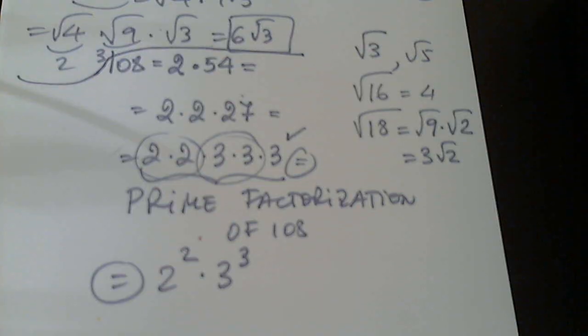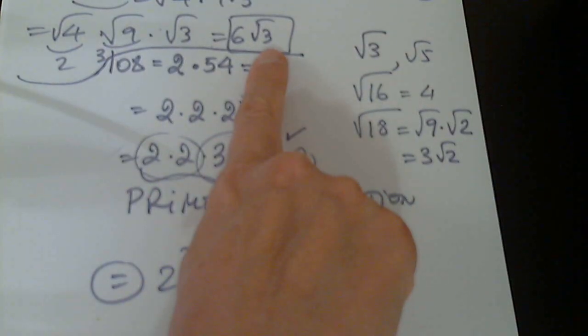The radical is now fully simplified. So the square root of 108 is not simplified because 108 is not prime and can be factored. A square root is simplified only when its radicand is prime. The radicand is a prime number.